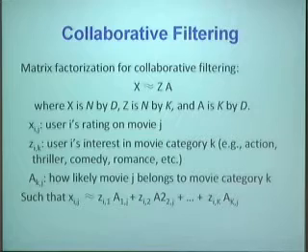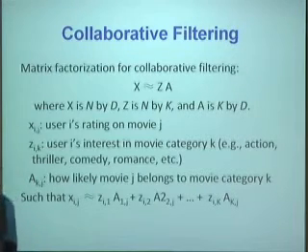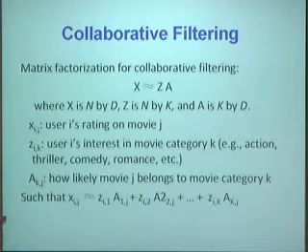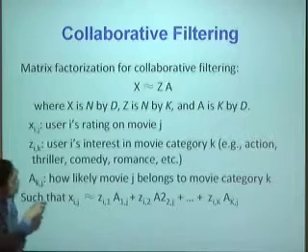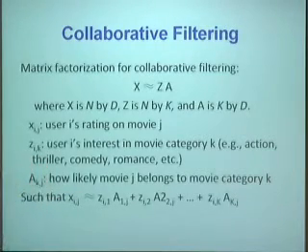Let's try to interpret the meaning of individual elements of the matrices. X_ij is user i's preference, a rating on movie j. Z_ik is user i's interest in movie category k, for example action, romance, comedy, thriller, you name it.